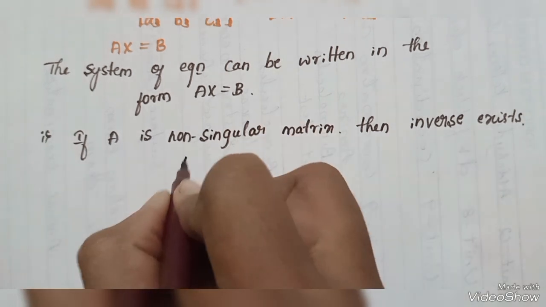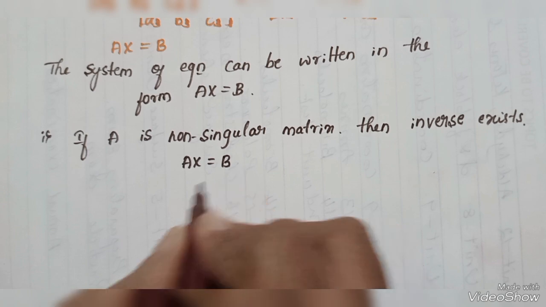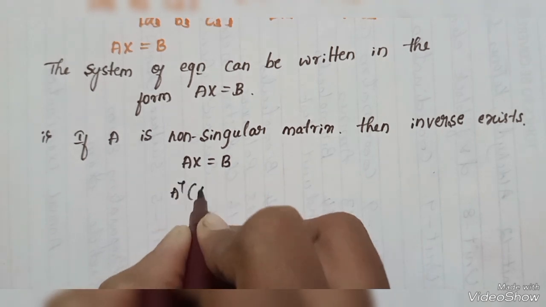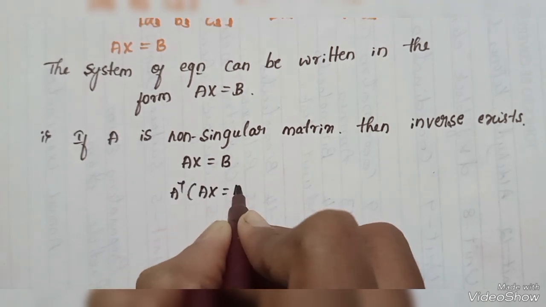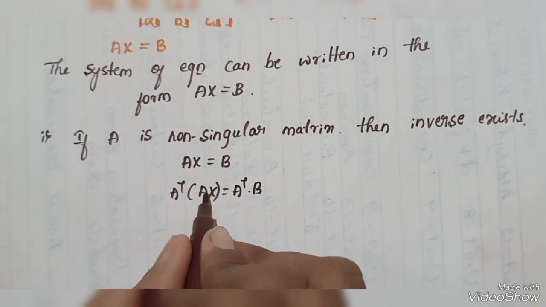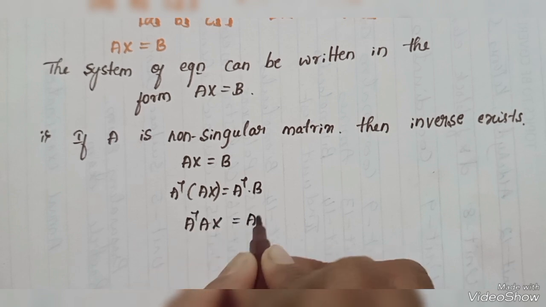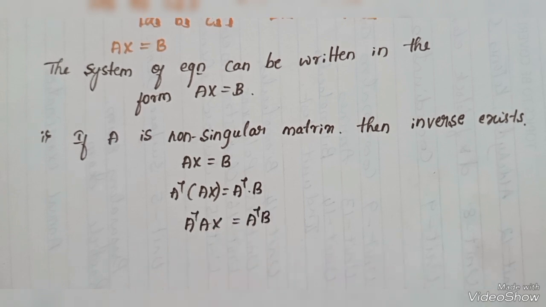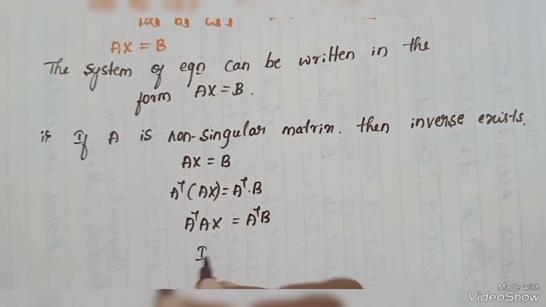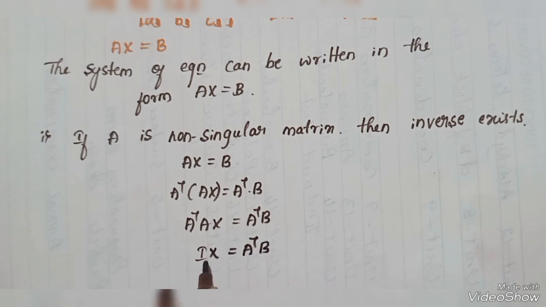If A is a non-singular matrix, then the inverse exists. That is, AX equals B, then multiply A inverse on each side: A inverse A X equals A inverse B. What do you mean by A inverse into A? That is the identity, so identity matrix with X is X only.